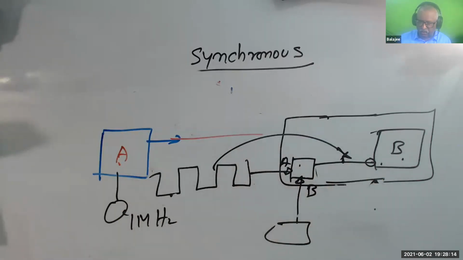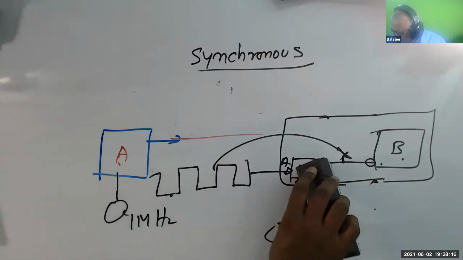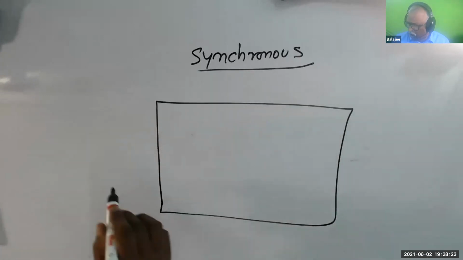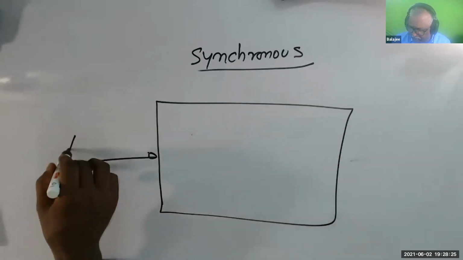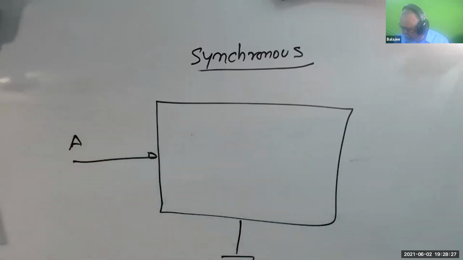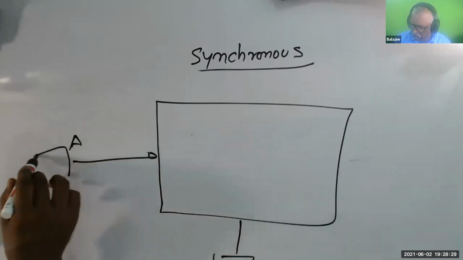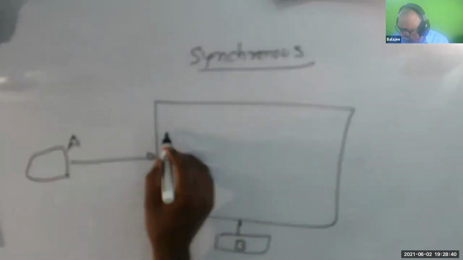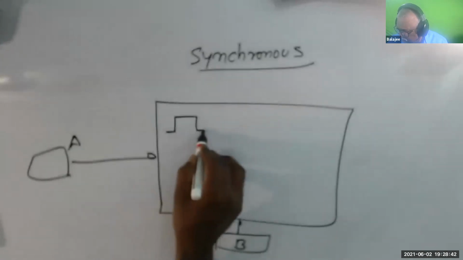Think. Now I draw the block alone separately. There is a block who receives a clock from A and who receives a clock from B. The problem is the clock of B. This guy's clock is like this.